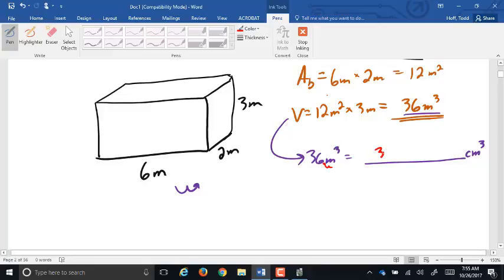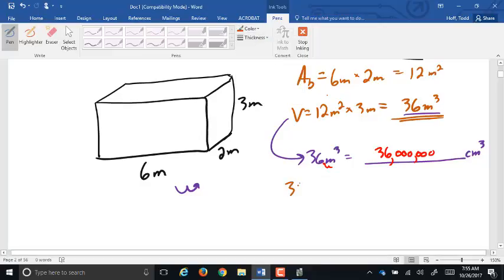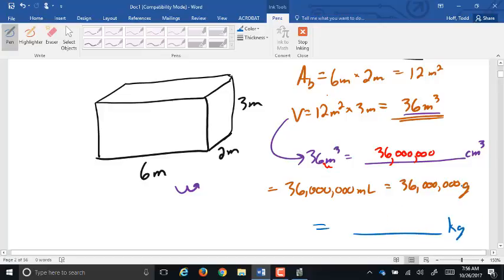We got to add zeros. That's 36 million cubic centimeters, which is 36 million milliliters, which is 36 million grams of water, which is how many kilograms? Three spots to the left is 36,000. So that tank is holding 36,000 kilograms of water if it's full.